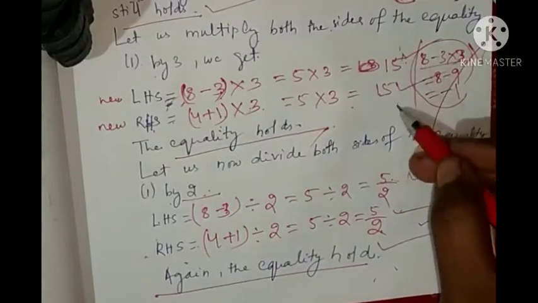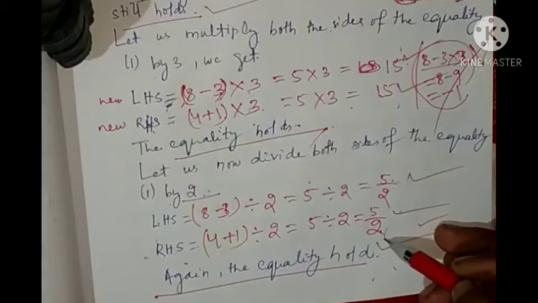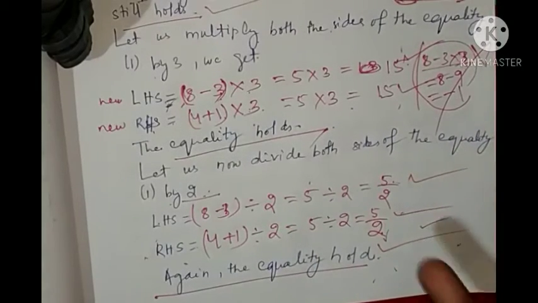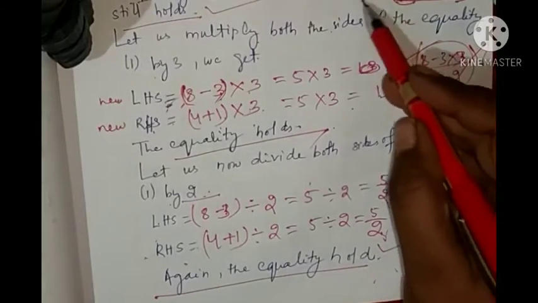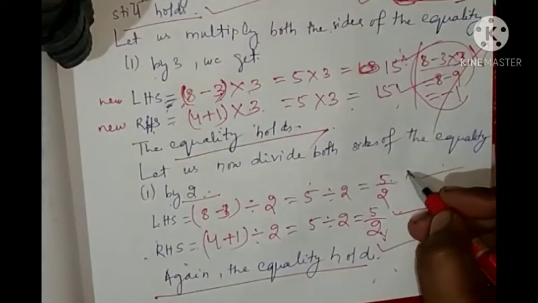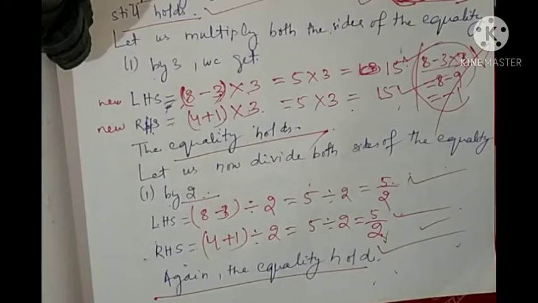Here you got 15, and here 5 by 2, 5 by 2. So new LHS equal to new RHS. Here we have used equality. Now let's see if it is applicable to the balanced equation or not.